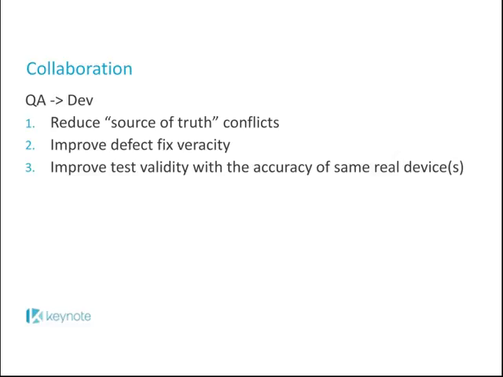They can take the test that you created or extended in quality assurance, run it in their environment, and ensure that the fix is correct and going to deliver the desired outcome.